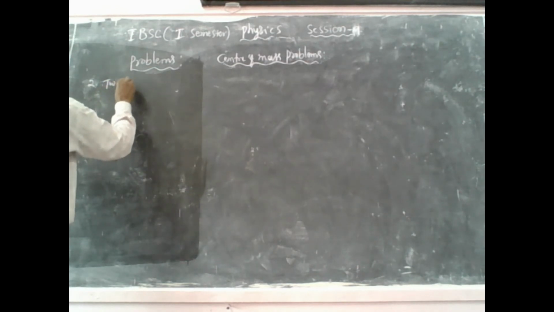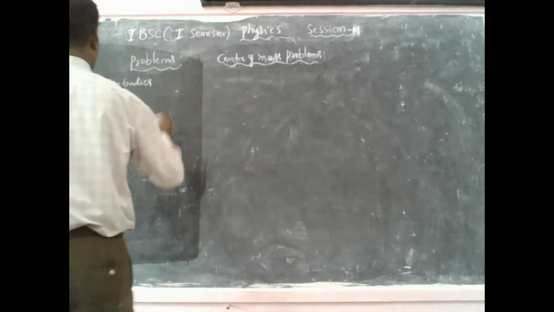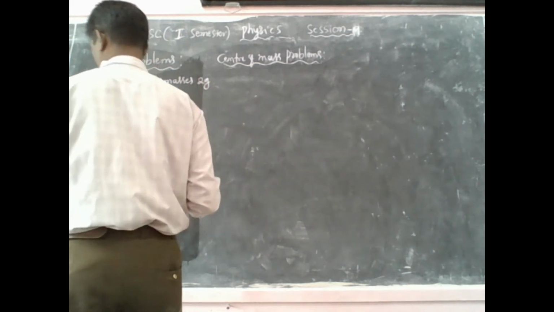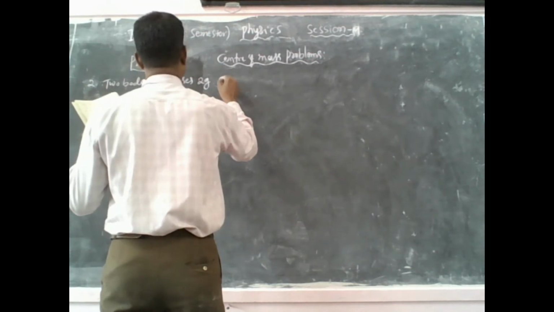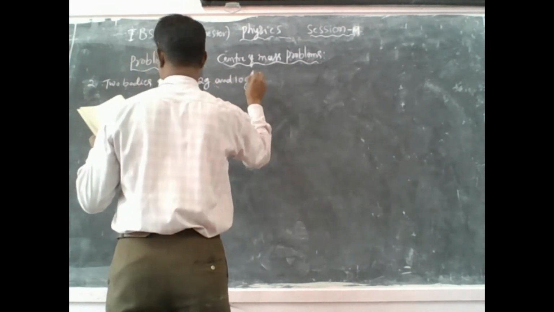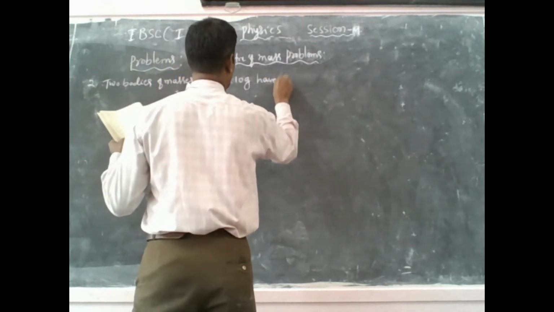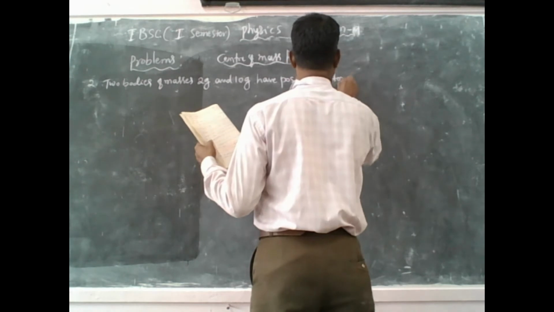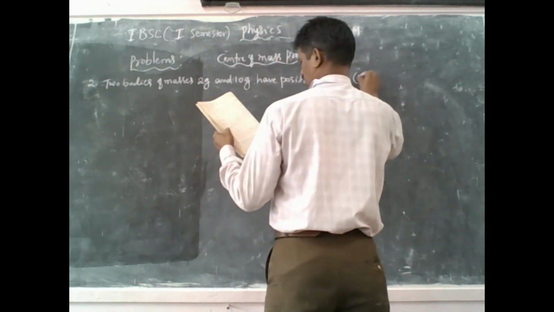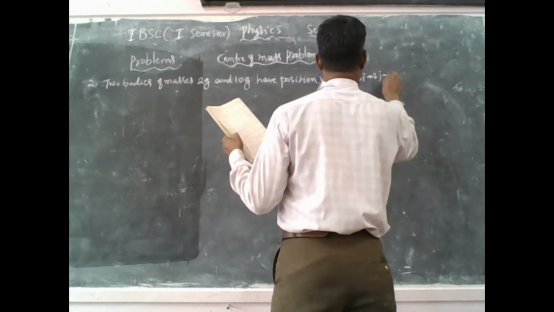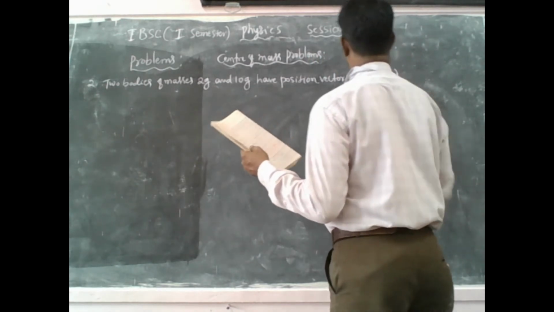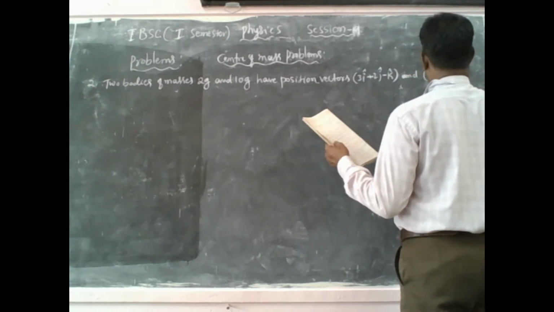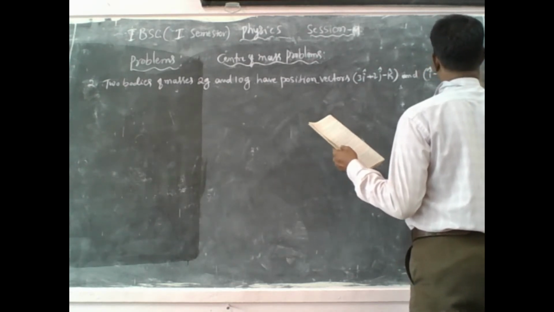Two bodies of masses 2 grams and 10 grams have position vectors 3i plus 2j minus k and i minus j plus 3k respectively.